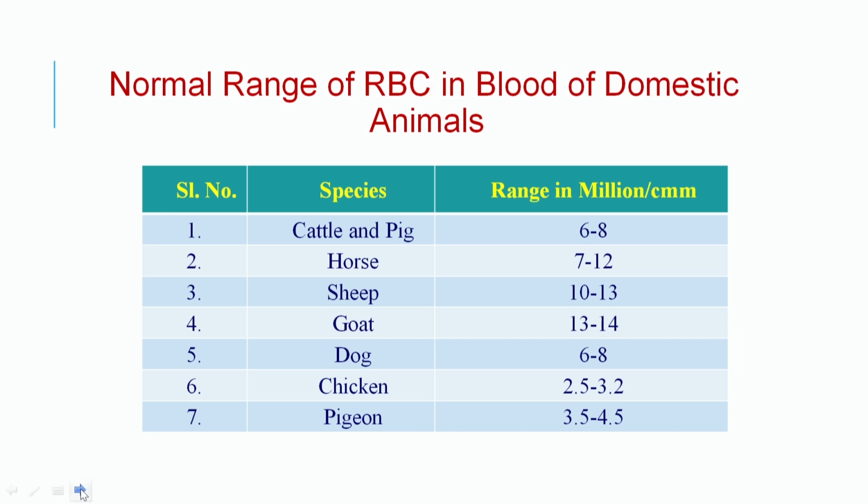Cattle and pigs have 6 to 8 million per cubic millimeter, horse around 7 to 12 million, sheep 10 to 13 million, dog around 6 to 8 million, chicken 2.5 to 3.2 million, and pigeon around 3.5 to 4.5 million per cubic millimeter.